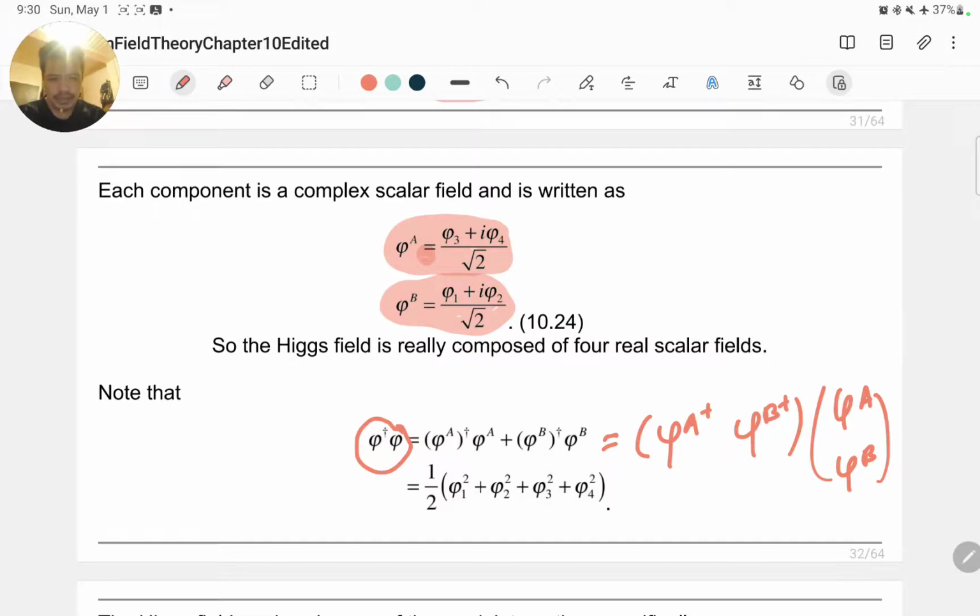If you put in the definition of 10.24, you'll be able to get this expression.